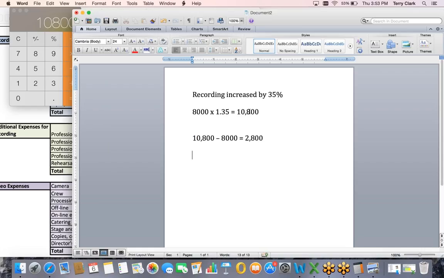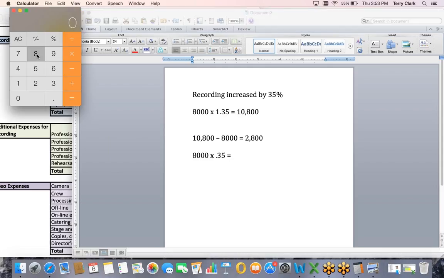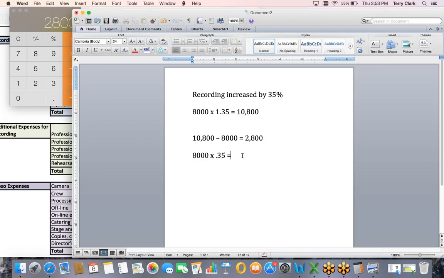Or we could take 8,000 and multiply it by 0.35, and that would give us the actual increased amount, which would be 2,800 as well. So there are two different ways we could find the increased amount, which is different than the actual price. If you take the 8,000 and add the 2,800 to it, that gives you the actual price it went up.